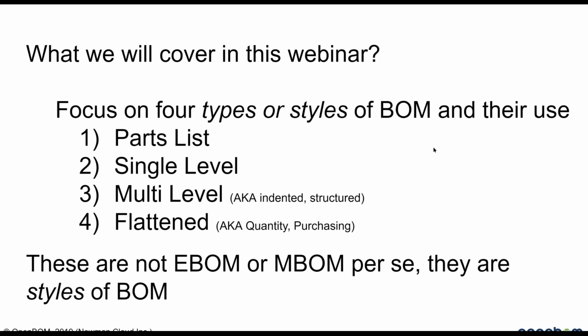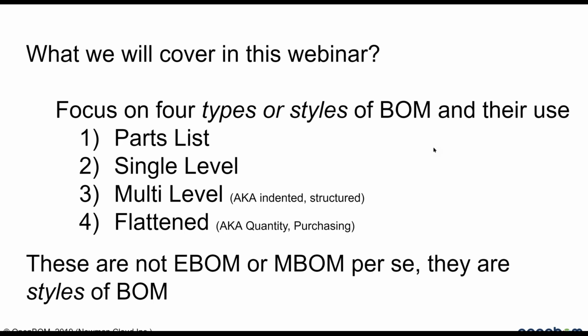So let's take a look at the BOM types that we'll be discussing today. For the purposes of this discussion, I'm going to focus on 4. There are many more types and names and styles, and those terms can be and often are interchanged. So if you're using something different in your company, think about it in terms of that. I'm going to propose the 4 types listed here.